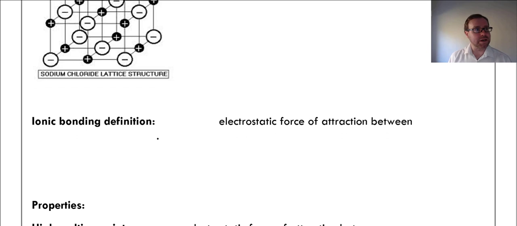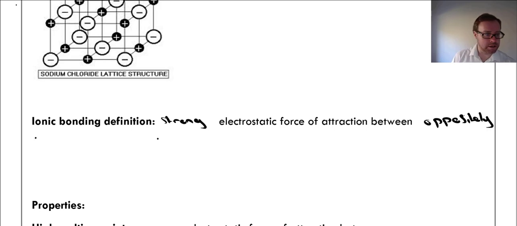Okay, so my definition for ionic bonding. So ionic bonding is the strong electrostatic force of attraction between oppositely charged ions.